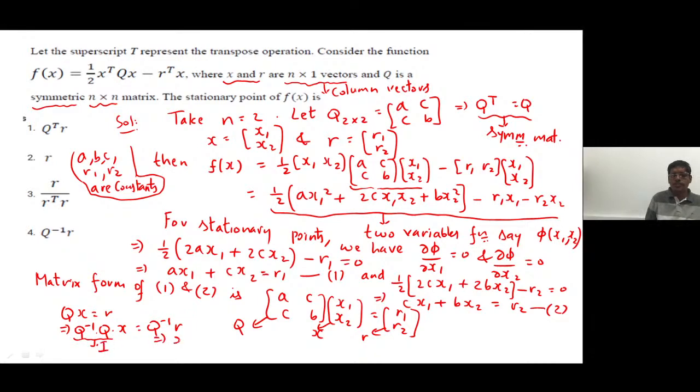So finally it simplifies to x on the left side and Q inverse into r on the right side. So this is the answer, the stationary point. Two variable stationary point. Don't say it is looking like a single variable. x means it is a column matrix x1, x2. So accordingly the answer is the fourth option.